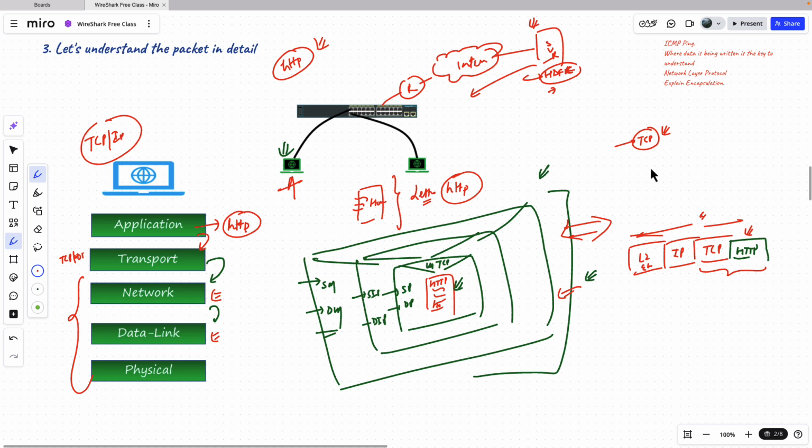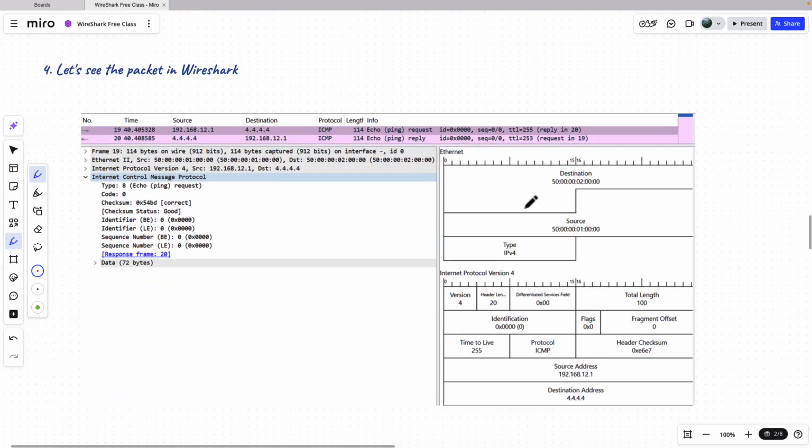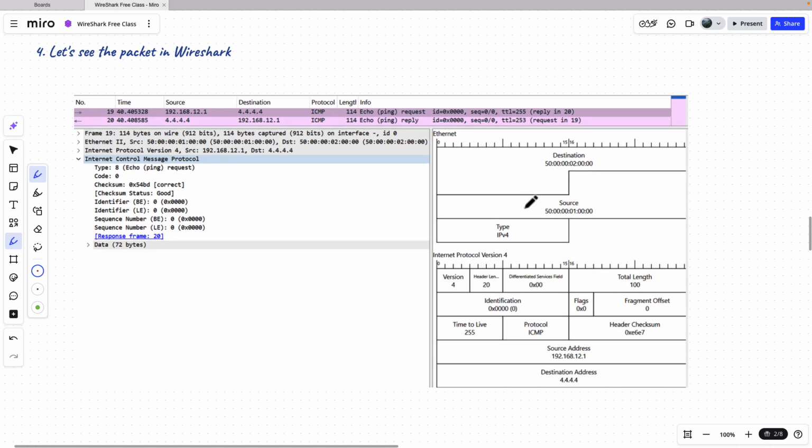But right now, if I showcase you, this is how the packet structure looks like. So now let's see this packet structure here, right? The same packet structure. So what is going on here is we have a computer, and suppose the IP address of this computer is 192.168.12.1, and it is sending a message towards B, right?